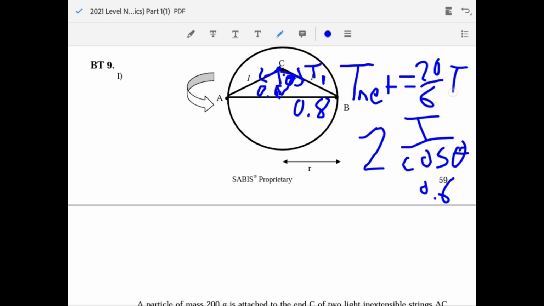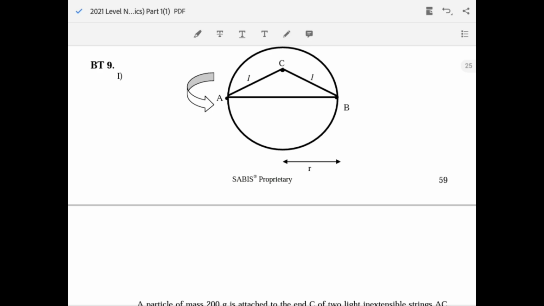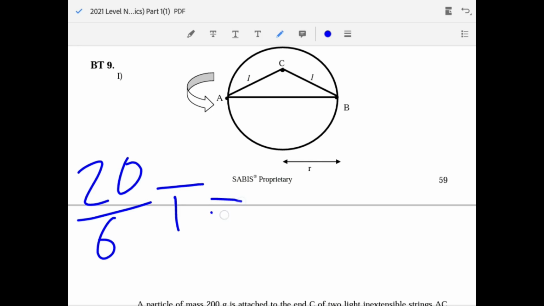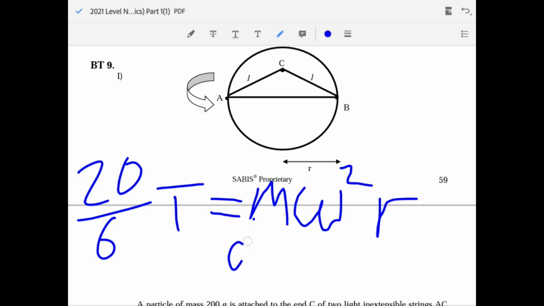of tension in each. So not T net, sorry, but the Y resolved. So 20 over 6 T is equal to the net force for the centripetal acceleration, which is m omega squared r. M is 0.2, omega is 10 from the given, and then r.